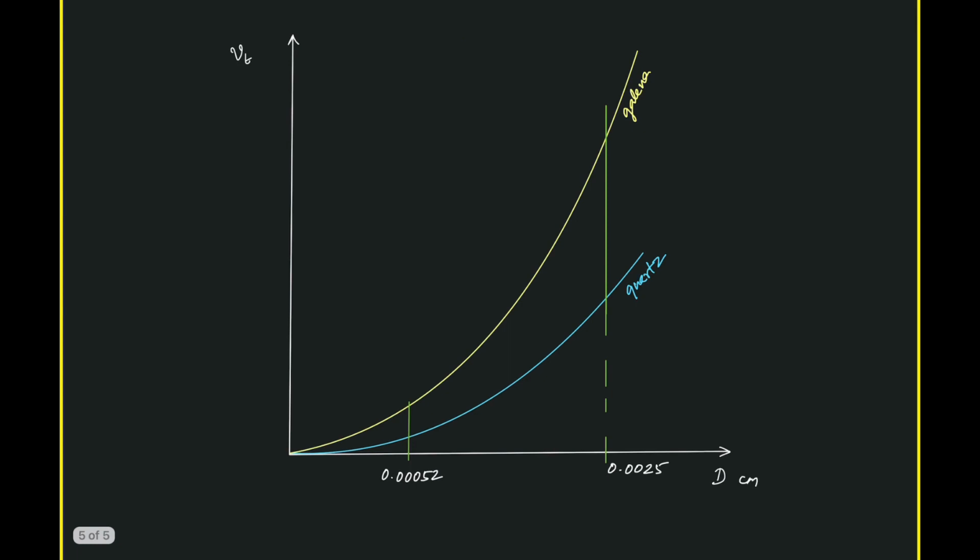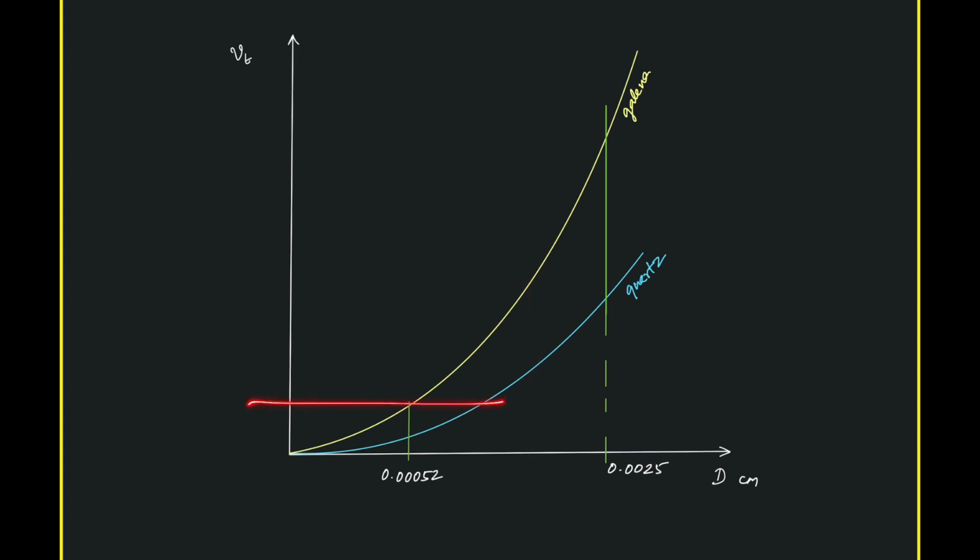To summarize this diagram again, how we have drawn it: Vt is proportional to d square, so that's how we have these relation curves. We know the size dimensions 0.00052 to 0.0025 centimeter, and we find this point and this point, which give the two dimensions.